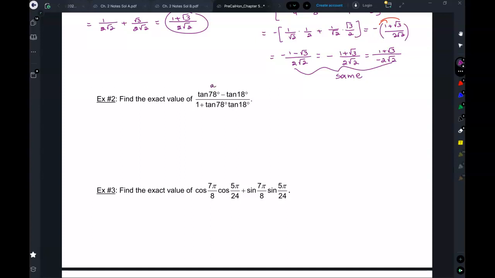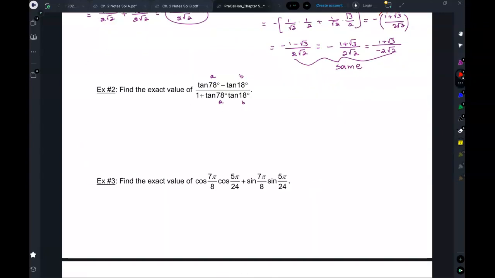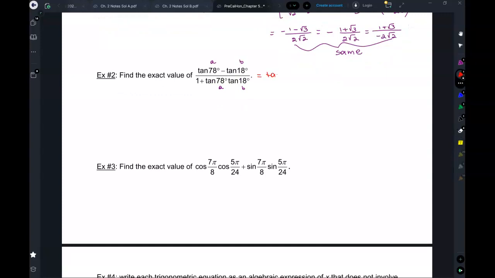I have tangent of A minus tangent of B over 1 plus tangent of A, tangent of B. Okay, is it just me, or is that not exactly this right here? The bottom one, right? So all that is equal to what? Tangent of A minus B. So I say, oh my gosh, this is equal to tangent of 78 minus 18. That's it. But, well, almost. What is 78 minus 18? 60, which is root 3. Okay?